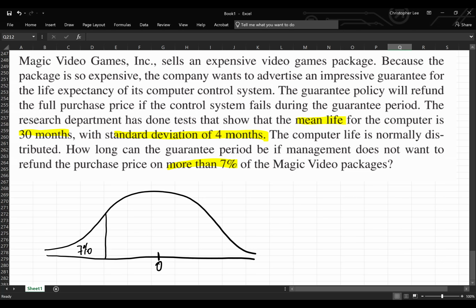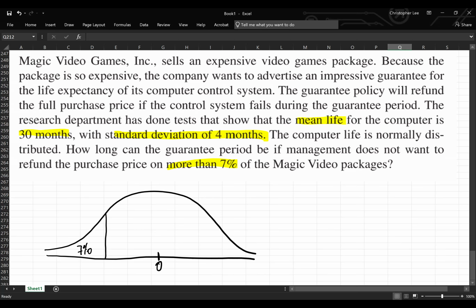The reason why it's on the left is because I'm looking at failure, right? When is the video game system gonna break? I want to know when the video game system is gonna break, right? But I don't want to pay out 100% of my money that I made on all the machines, right?